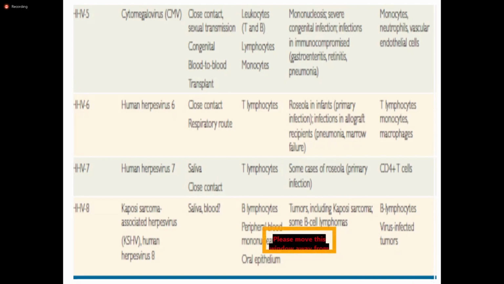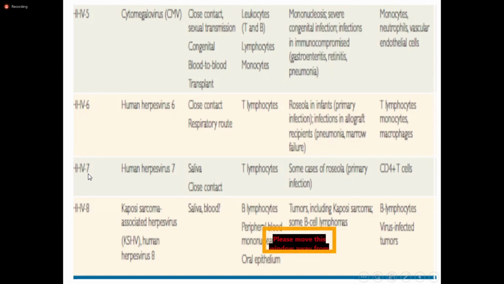AIDS patients, when their cell counts go low, become blind due to CMV infection, and it can also cause pneumonia in immunocompromised patients. The virus stays latent in monocytes, neutrophils, and vascular endothelial cells.